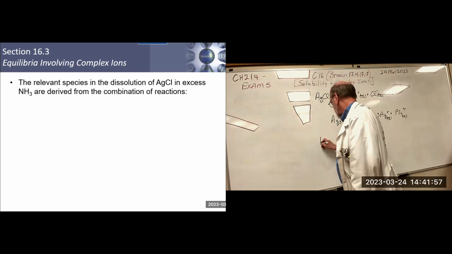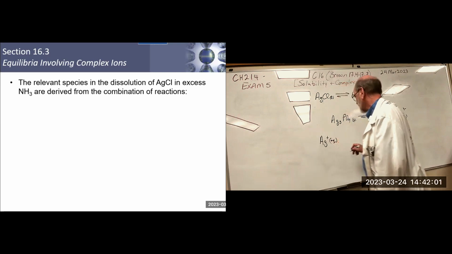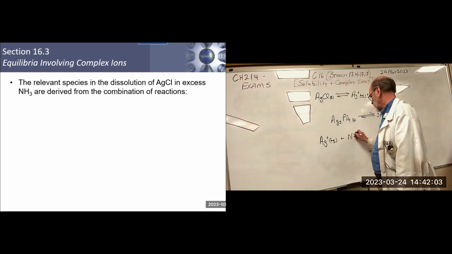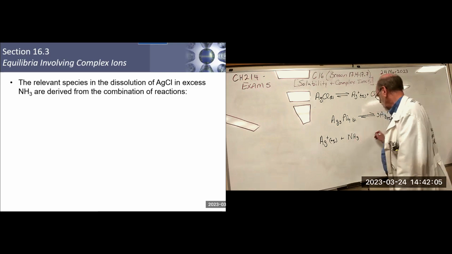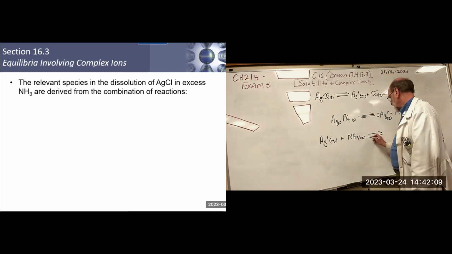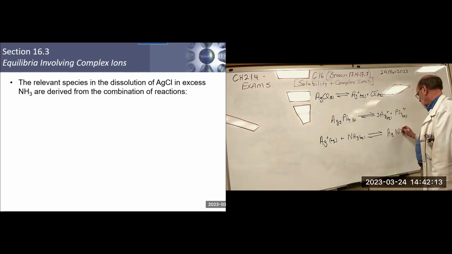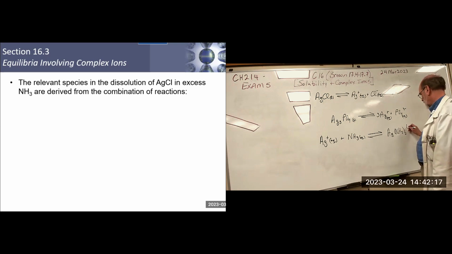Next week, we're going to determine the formation constant for this complex ion, with ammonia, and it forms an equilibrium with this one. And that'll be a plus charge. And this is soluble.